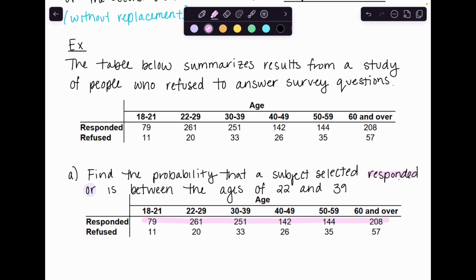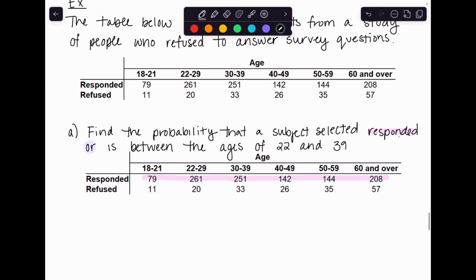So the number of people that responded, we have to add all of those together. It's 79 plus 261 plus 251 plus 142 plus 144 plus 208.